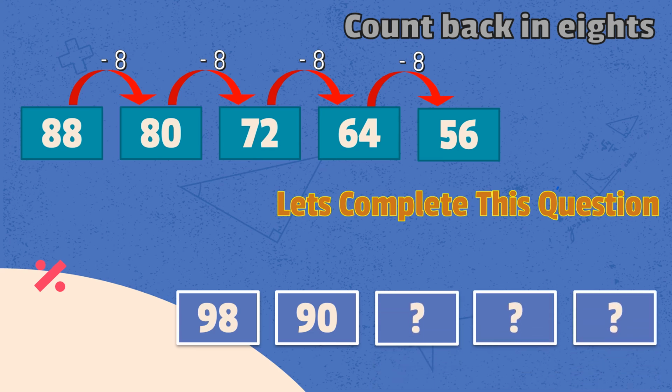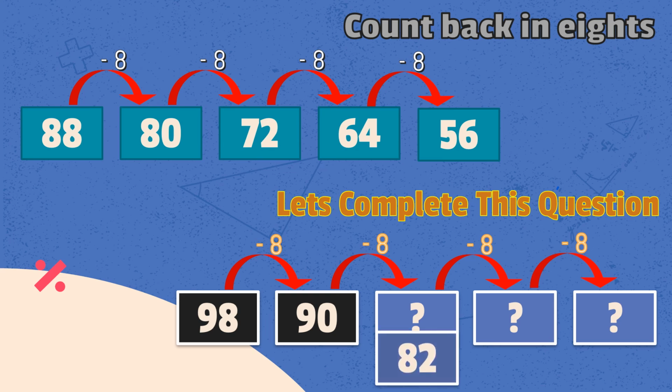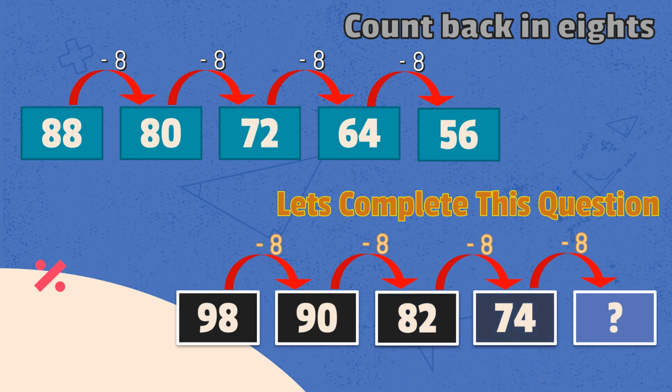Find the missing numbers. Firstly, look at these two numbers like before. That means you find the number between, minus 8, subtract 8, you get the missing number after 90, 82, minus 8, 74, minus 8, 66.